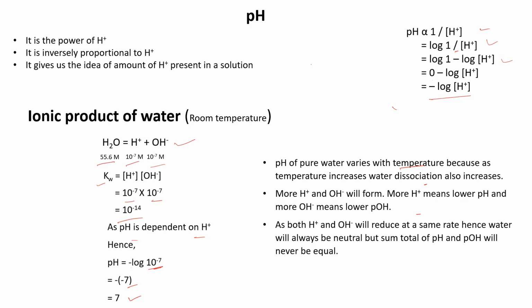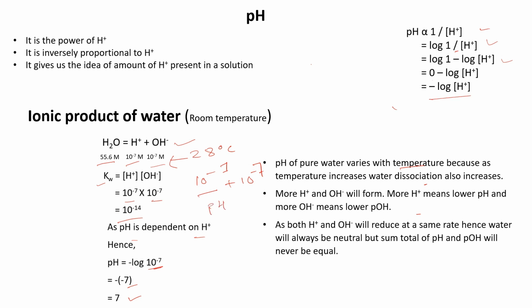Now here we saw that at room temperature, say 28 degrees centigrade, water dissociates into H plus and OH minus with concentration 10 to the power minus 7. So 10 to the power minus 7 H plus is present, plus 10 to the power minus 7 OH minus is also present. Correct? H plus is responsible for pH.